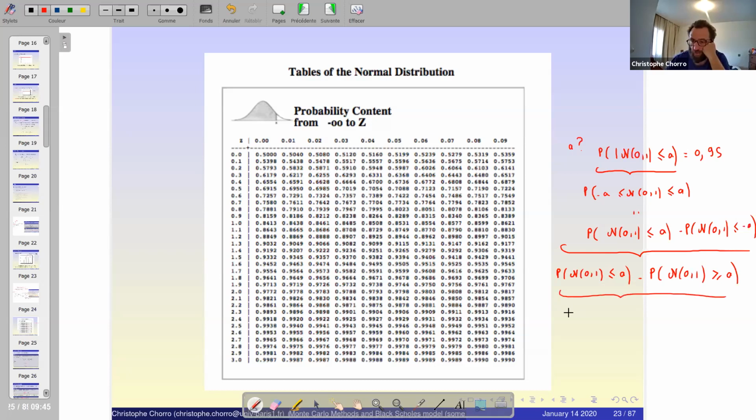So I obtain 2 times the probability that my N(0,1) is less than A, minus 1.